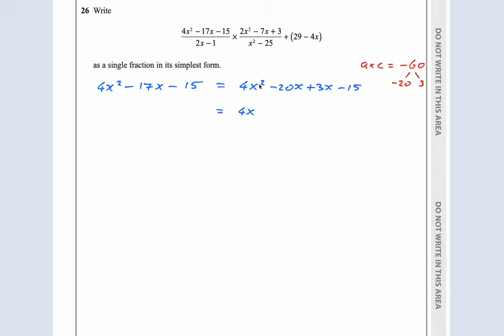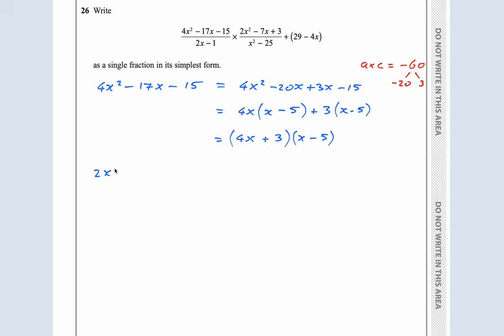Factorize the first two: 4x into x minus 5. Plus 3, factorize the second two into x minus 5. And now we have 4x plus 3 into x minus 5. Okay, that's the first bit.